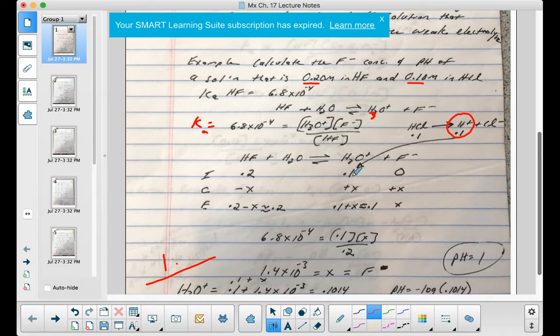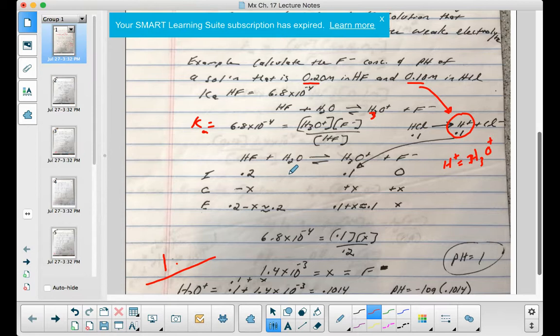So I include that 0.1, which comes from here, because that's the molarity of the solution. That's a strong electrolyte that I added. And remember, we can just use hydronium ion and hydrogen ion interchangeably. They're effectively the same thing, H3O+.